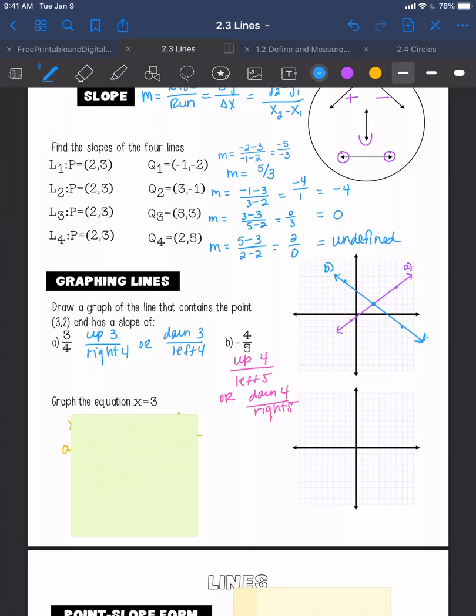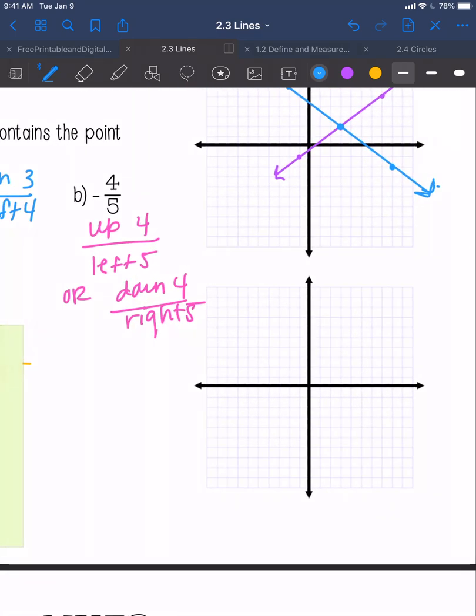Next, we're asked to graph the equation x equals 3. So this time we don't have a specific point to plot and a slope to use, but we're told that x is 3. So if x is 3, go on your graph where x is 3. So an x-intercept of 3. Well, x is also 3 at any point on that vertical line. x is always equal to 3.